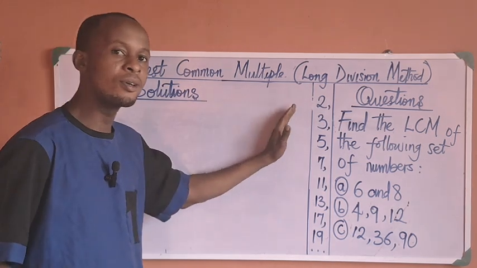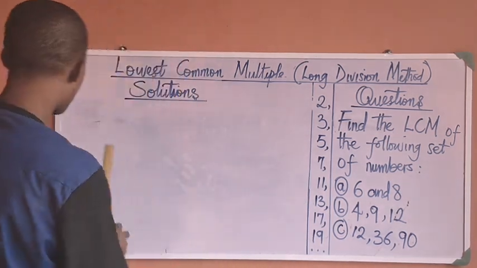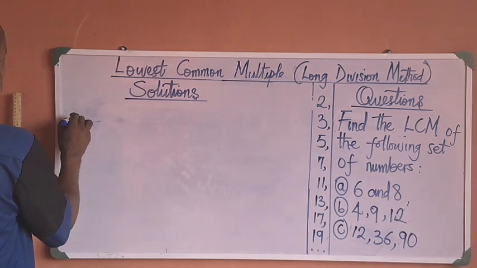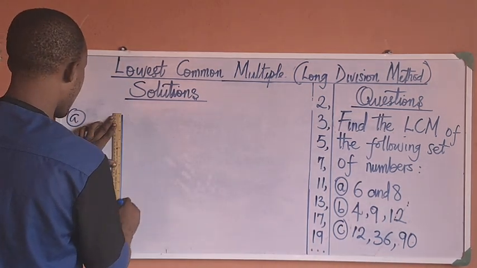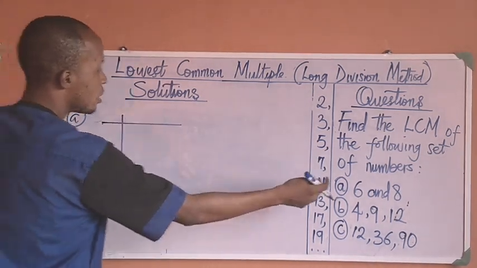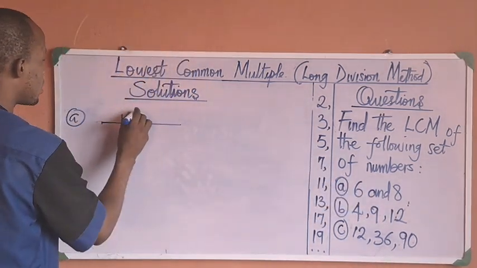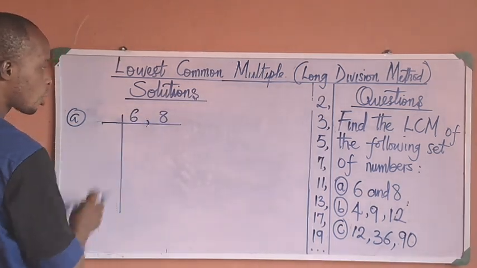And how are we going to do that? I'm going to simply do that by drawing. We are solving now question A. I will draw my long division line, and right inside the long division line, I put the two given numbers, 6 and 8, separating them with a comma.